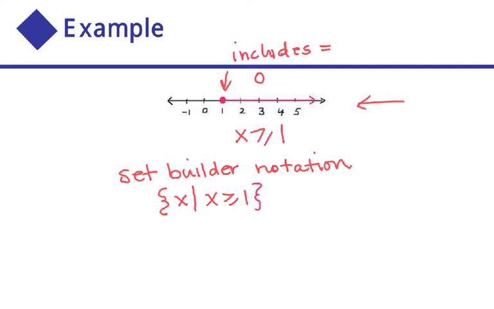You can't write out the set. You can't even begin because it's of real numbers, and for every two real numbers, there's a number between them. So you can't begin to write it out and then do a dot, dot, dot. So we do it like this. And again, you read it: the set of all x such that x is greater than or equal to 1. And we can also do interval notation.